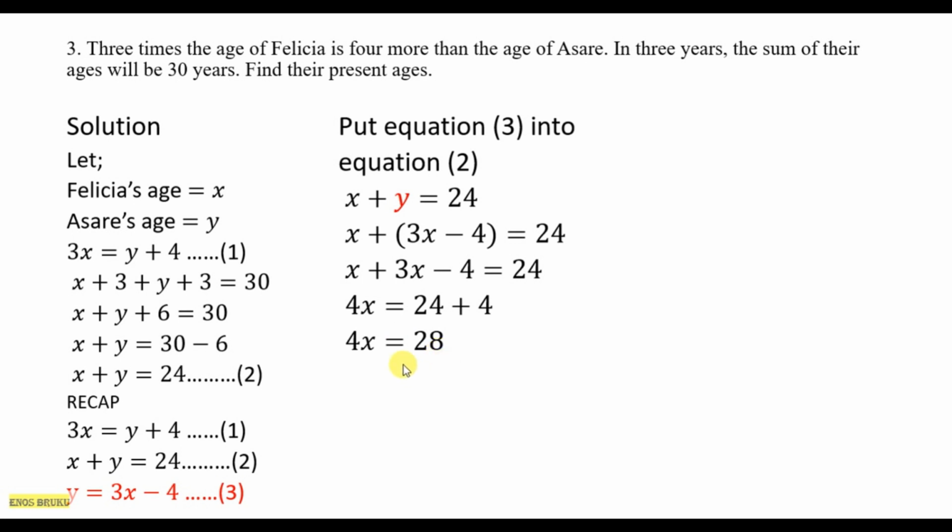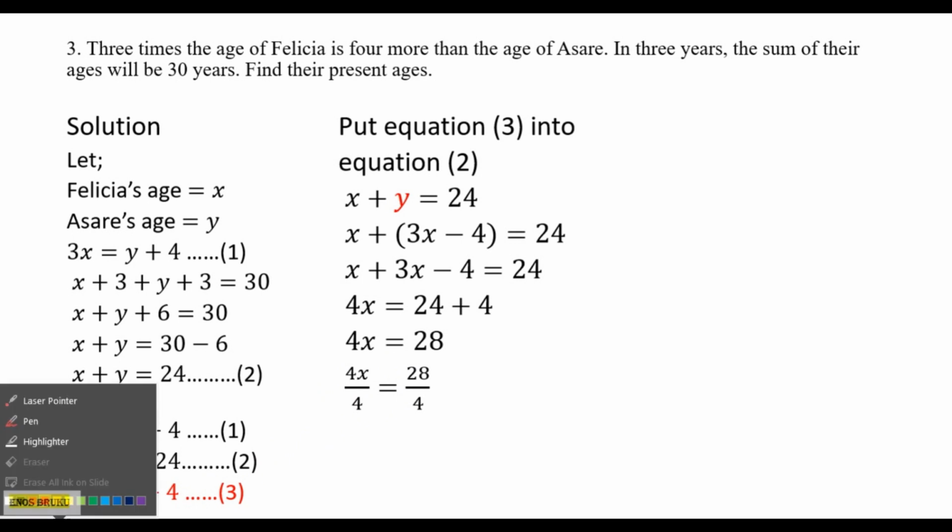Okay, good. Now that we've reached this part, the next step is to divide both sides by 4, so that we can have the x stand alone. So we divide here by 4, we divide here by 4.